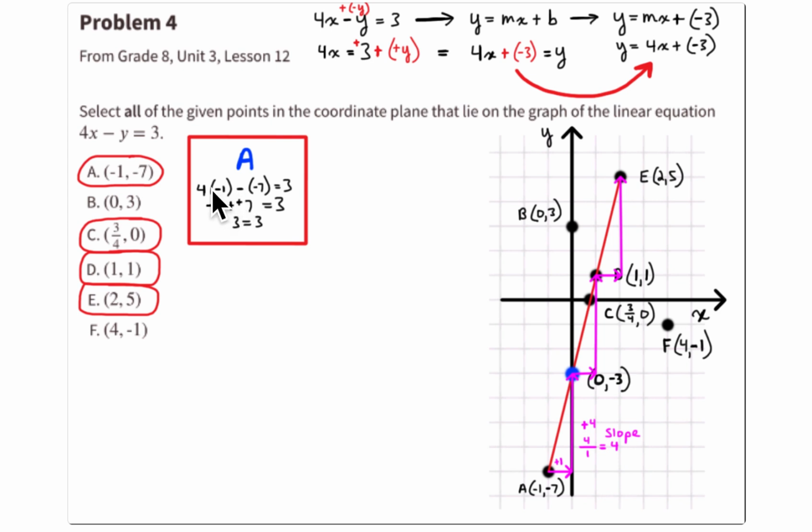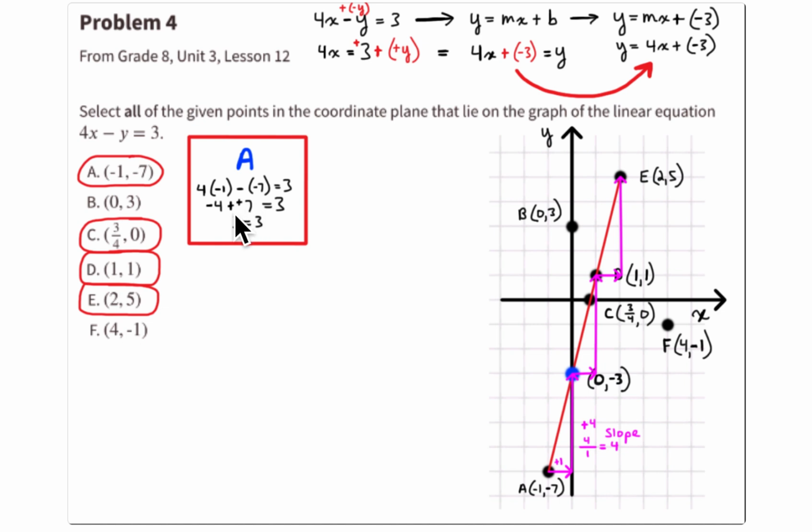So for A, this is 4 times -1, so x is -1, minus y, which is -7. So you replace those coordinates, and you end up with a -4. 4 times -1 is -4 plus a +7. So this is the inverse operation and the additive inverse. So I'm changing it to adding the additive inverse.